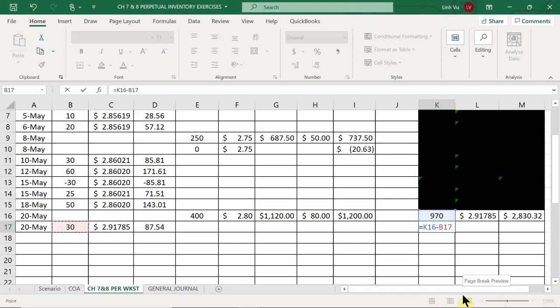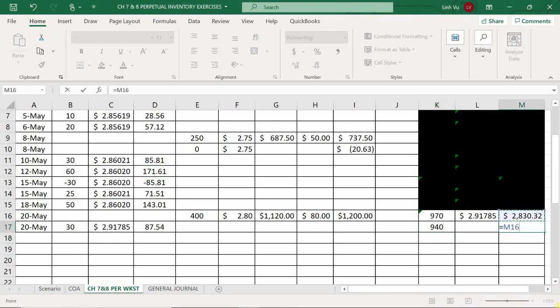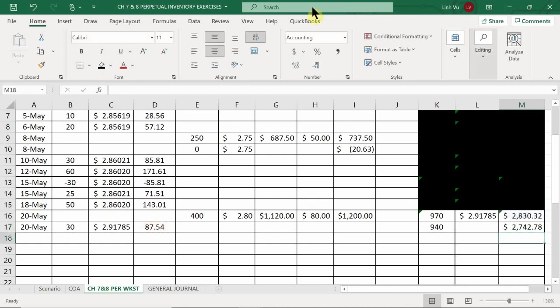So my new quantity is 940. My new cost of goods sold is, since I sold $87.54, is going to be $2,742.78. Good. Bringing my new average cost per item to be roughly the same.